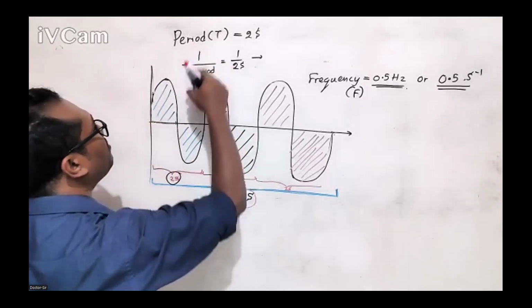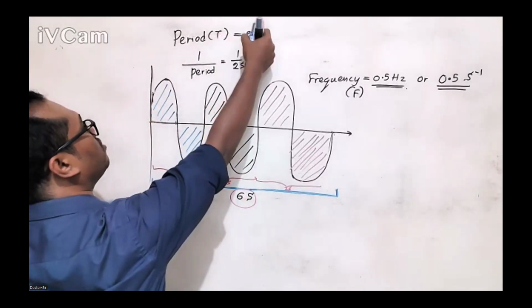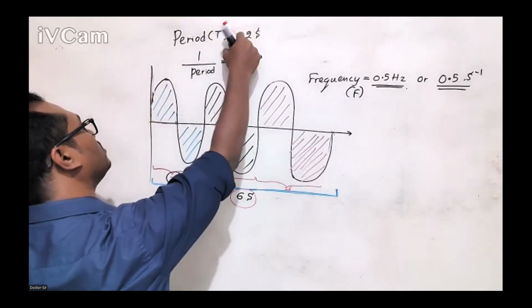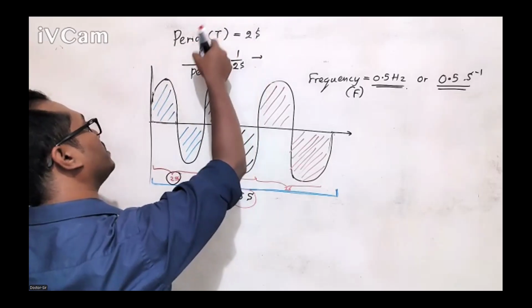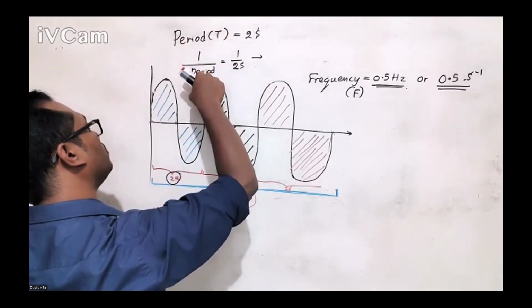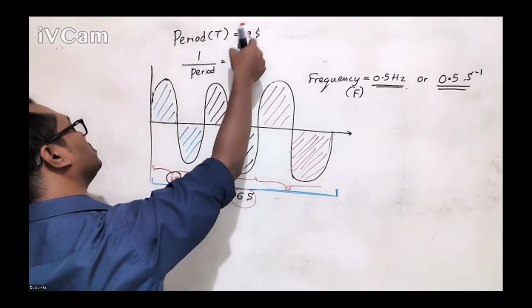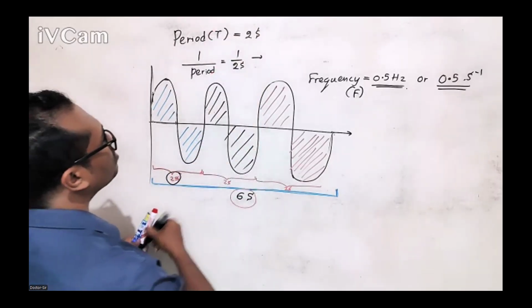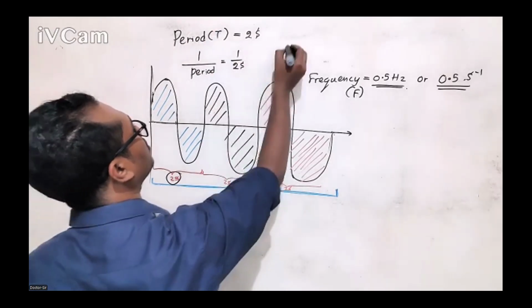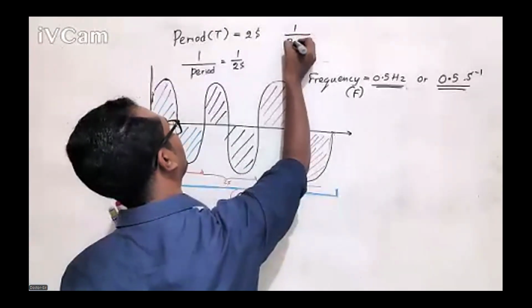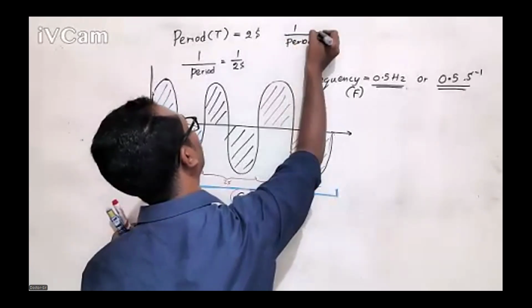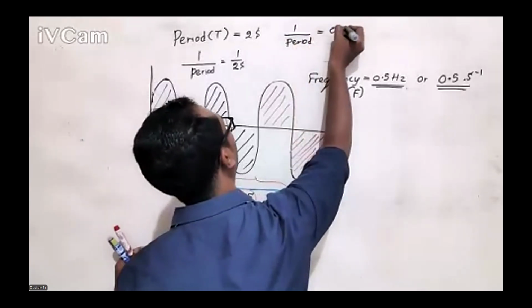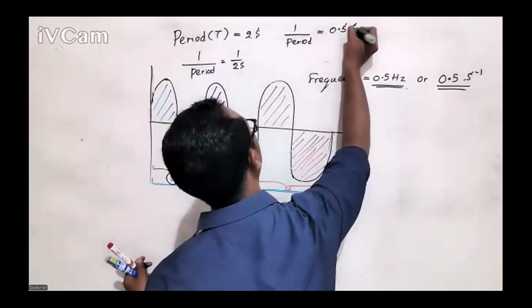So I will take 1 divided by period here. This is an equal mark, so I will take the period to the bottom, and on this side the 2. So 1 divided by 2. What is the value? 1 divided by period will be equal to 0.5 per second.